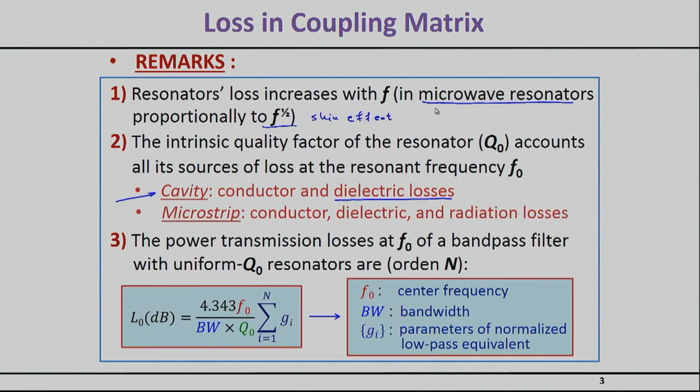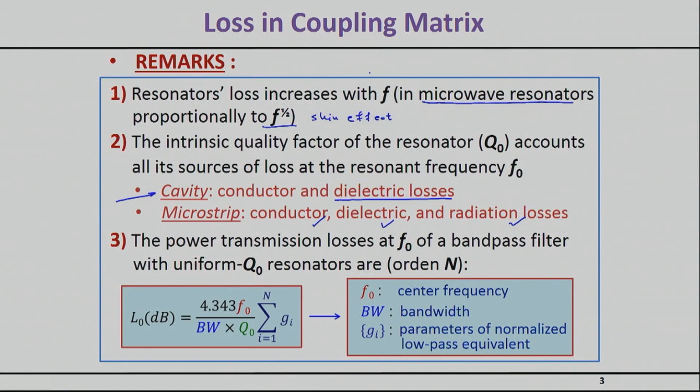So it's not unusual to have a cavity based on copper, and that means your loss will be pretty low. But if you fill the cavity with a poor dielectric, then forget it, it's going to be pretty bad. Similarly, for microstrip, the first thing we try to reduce is the conductor loss, the second thing we try to reduce is dielectric loss, and finally we worry about radiation.